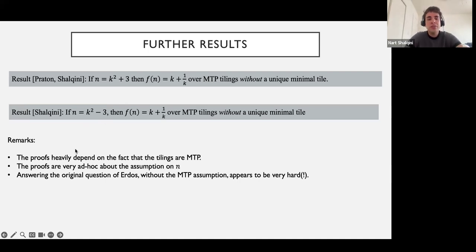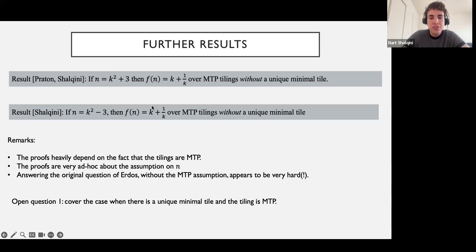And for answering the original question of Erdos, we thought that removing the MTP assumption appears to be very hard. My advisor is still working, but he has so far managed to prove optimal values only for specific values of n.